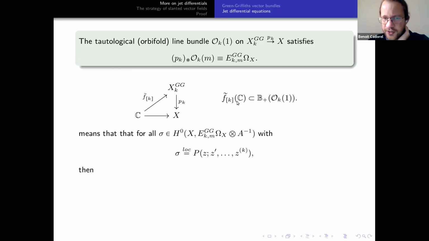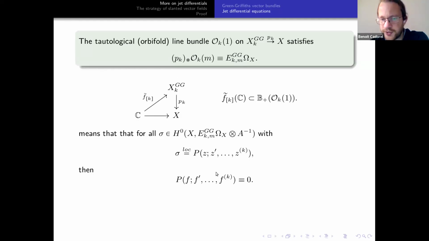Okay, and so what this inclusion tells you is that this sigma, if you look at it as a section on this space, then it must vanish along the image of this f tilde k. And you can look at what it means on X. It simply means that you replace this z by the image of f, and you differentiate your entire curve in X, and plug in this expression, the different derivatives of this entire curve f.